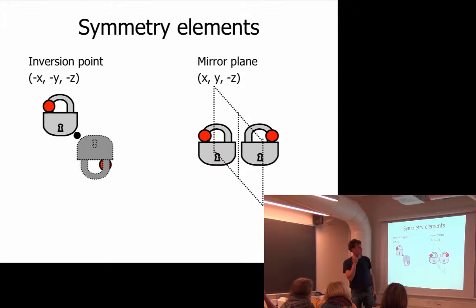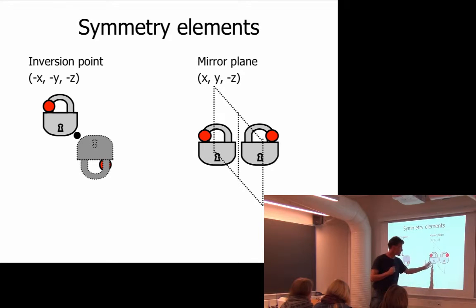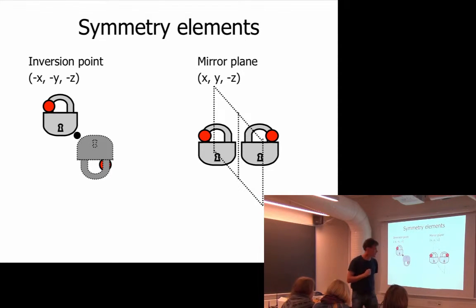So, I guess the drawings here more or less tell you, if you didn't know already, what kind of elements these are. Inversion will make a full inversion of the whole object that we are inverting. And the mirror plane will, of course, create another mirror, right? So here we have a mirror plane in the middle.